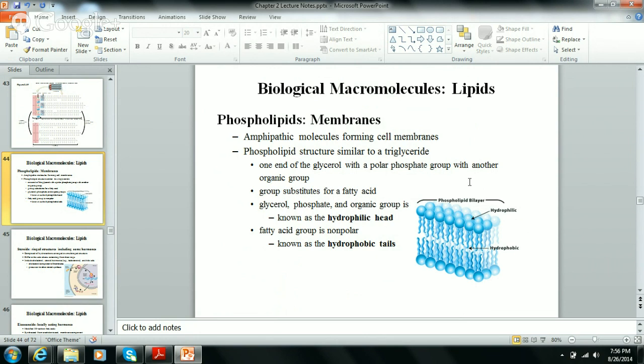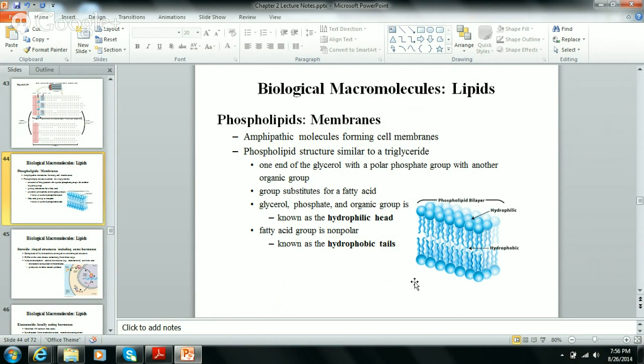So if it's something that's lipid soluble, something that's some type of fat, it can pass through this wall because this wall is made out of fat. It's a double layer of fat, and fat mixes together very easily. So anything that's fat based, fat soluble, lipid soluble, it can pass through the phospholipid bilayer, go in and out of the cell as it pleases.